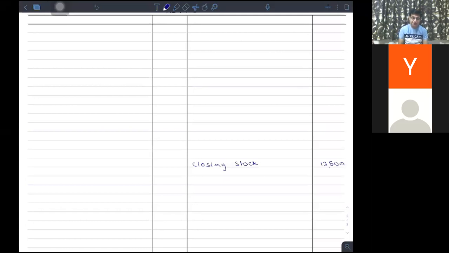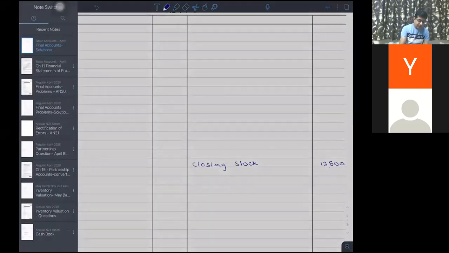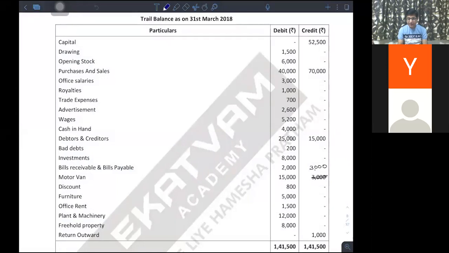Am I right? I hope you are understanding these points. Then, now because there was only one adjustment, I finished that adjustment. Now I need to go back to the items of trial balance. The very first item that is given in the trial balance is capital, second is drawings.